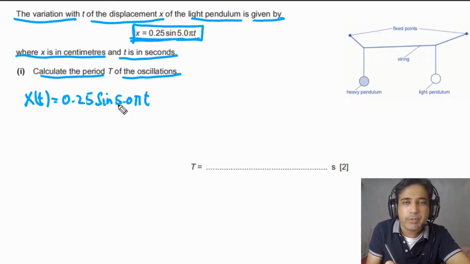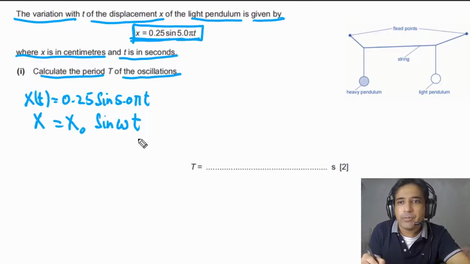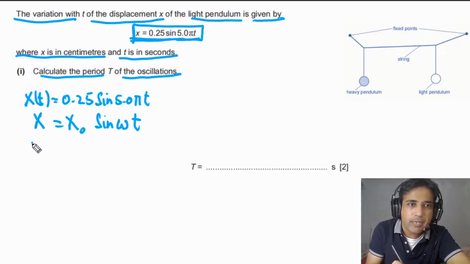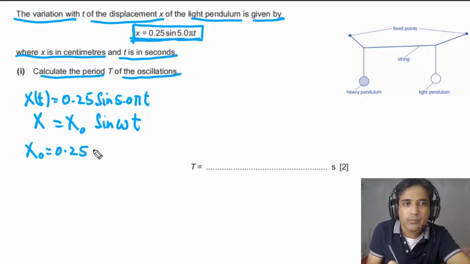We need to compare this with the standard, or simply the general equation, x equals x naught sine of omega t. From here, x naught is equal to 0.25, meaning this is the amplitude. It is given that x is in centimeters, so this is in centimeters.